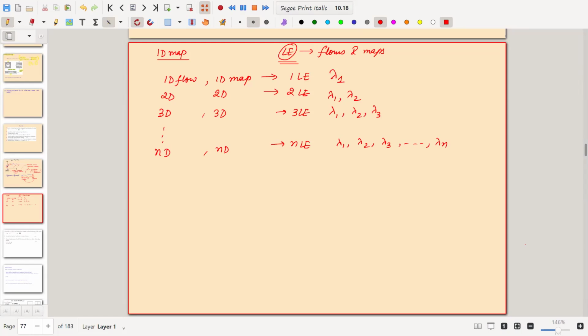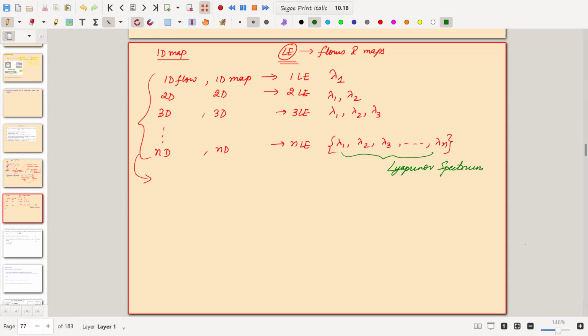Now, how can these Lyapunov exponents tell us any information? Why are we computing them? That's our question. The collection of these n Lyapunov exponents is sometimes known as the Lyapunov spectrum.